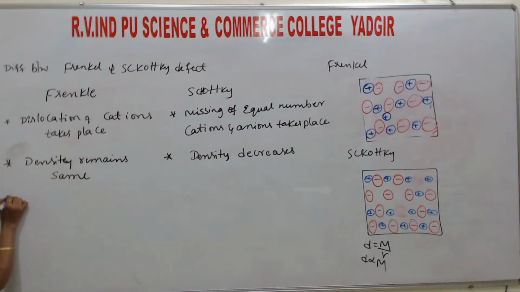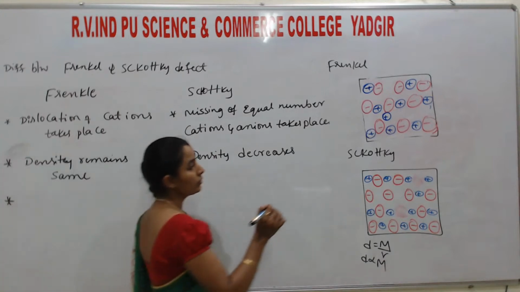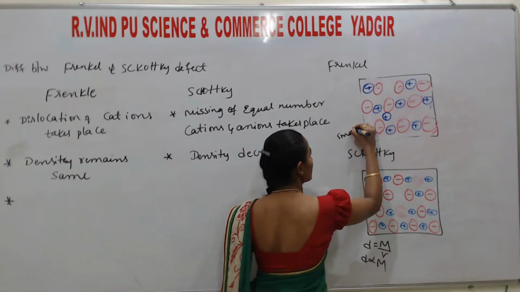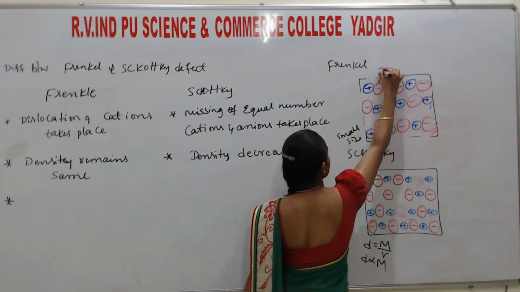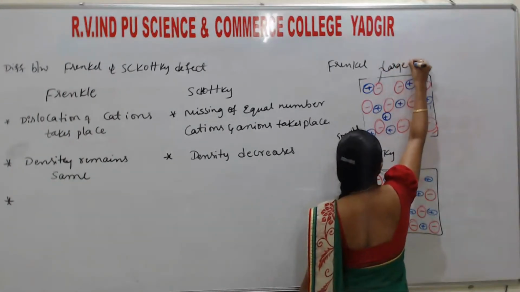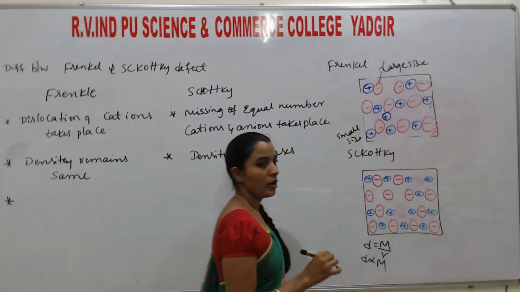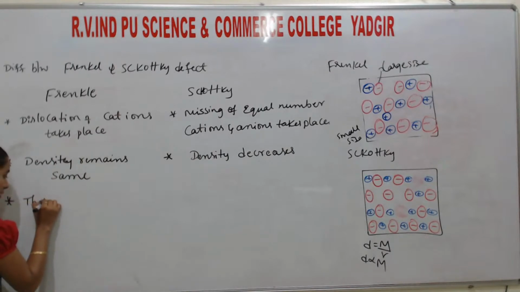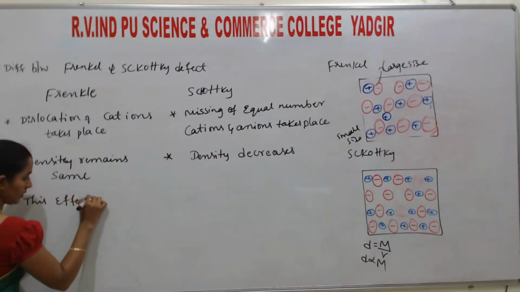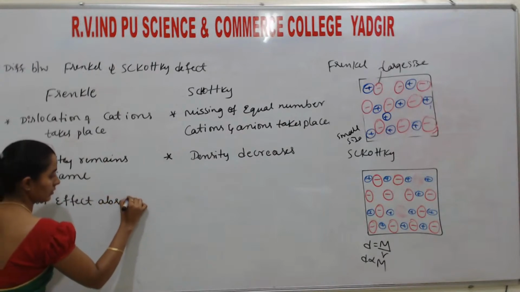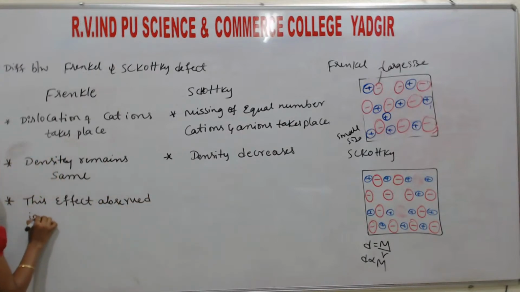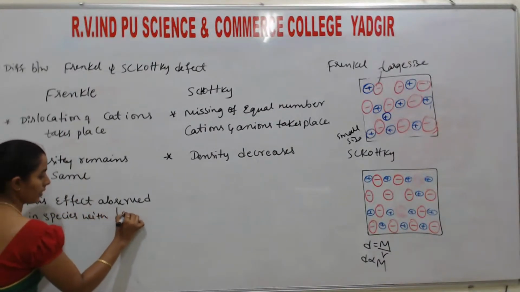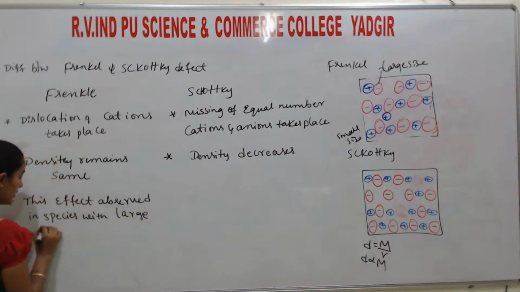Next, as I told you, here dislocation takes place, which means cations must be small in size. This one is large size. Anions are large in size. So the Frenkel effect is observed in species with a large size difference.